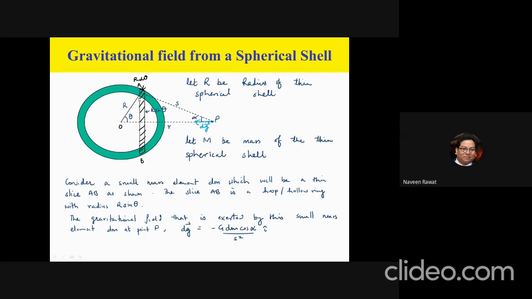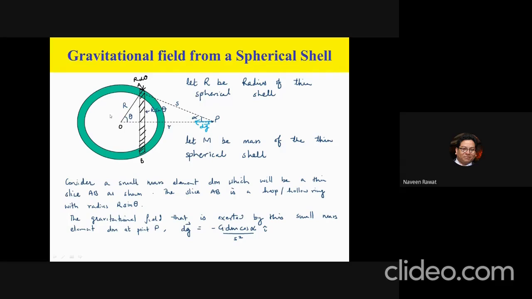And the capital R is the radius of this spherical shell. Okay, and since it's a spherical shell, it is hollow on the inside. So whatever you're seeing, this green region here, is basically the width of this shell, and we are saying that it is a very thin spherical shell.